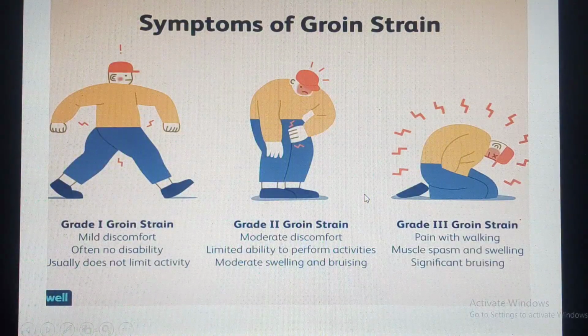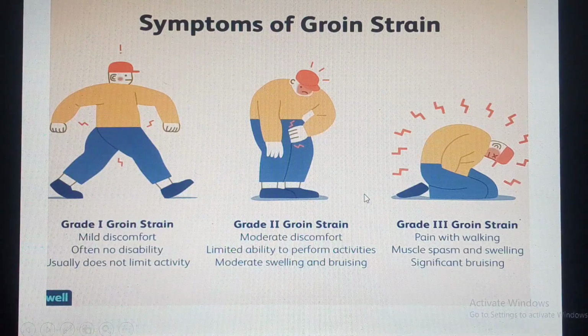Just before I talk about the groin strain, one other thing I have to tell you regarding the adductor magnus muscle. We saw that there was a vertical head, or the hamstring part. We also saw that there was an oblique part, or the adductor part. Remember that the adductor part will be supplied by the posterior division of the obturator nerve, because we saw that between the adductor brevis and the adductor magnus was the posterior division of the obturator nerve.